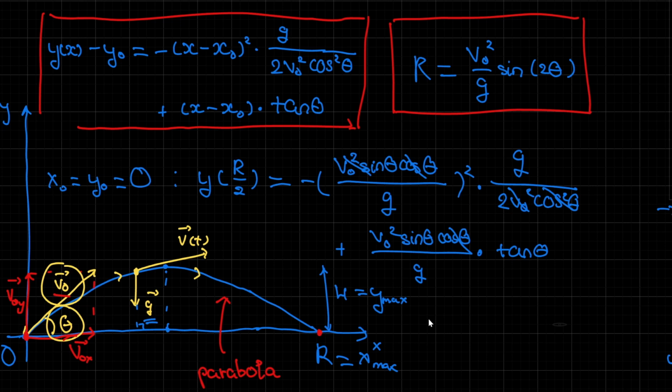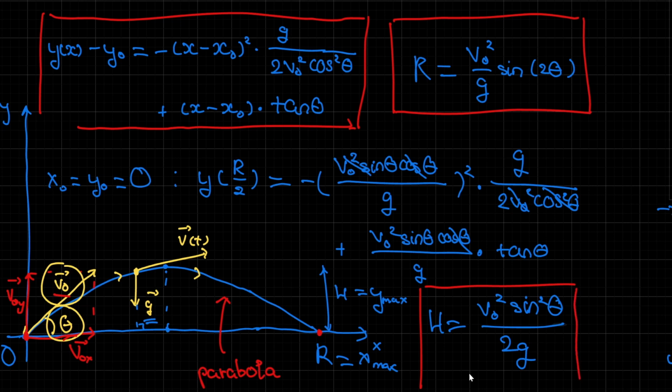And therefore we will have h equal v0 squared sine theta squared over 2g. And these are two more things that you should remember.